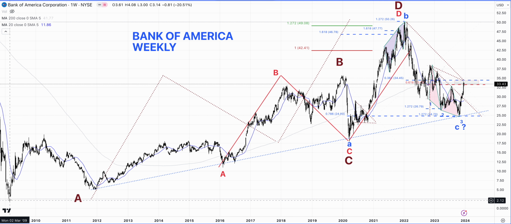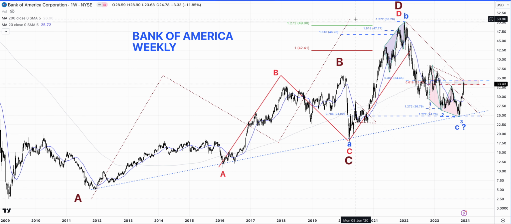If we just take this high to this high, and we project it from this point C, we get to a level which is around here. And that was very close to the actual top that was made here.